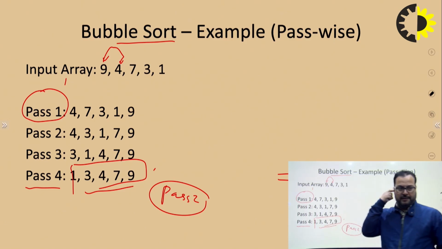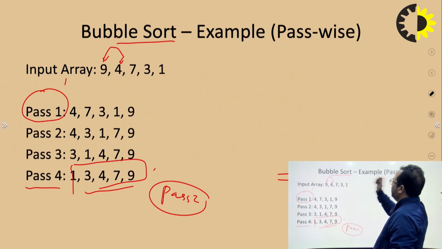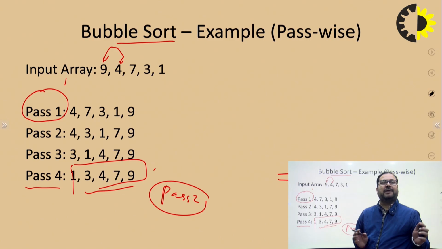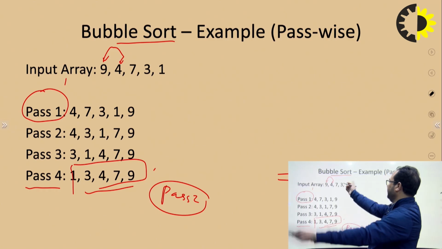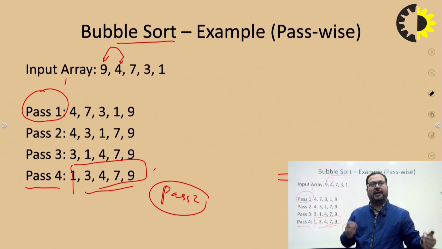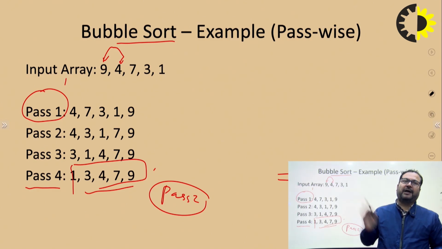Suppose the elements are in decreasing order. In decreasing order, it is the worst condition. Why is it the worst condition? Because the maximum will be at the first position, while in arranging in increasing order, the maximum should be at the last position.